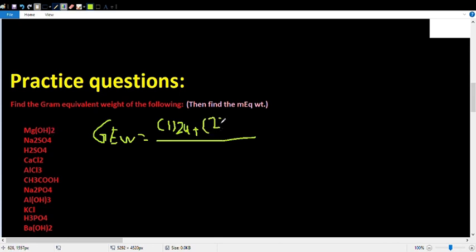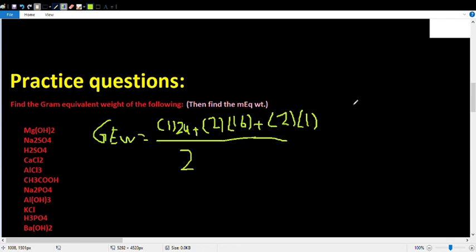So 2 times the molecular weight of oxygen, which is 16, then plus 2 atoms of H, with molecular weight 1. Then the factor is equal to the number of OH groups. How many OH groups? There are two OH groups, so our factor is 2, in contrast to the previous one.